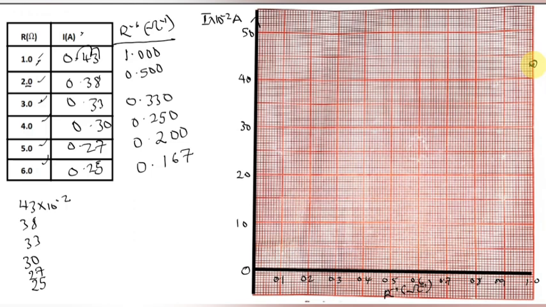Okay? Now let's go to 38 for 0.5. So this is 0.5 here. So I'll go to 38. This is 30 here. So this is 0.5, I'll go to 30, and we'll go to 38. Two of them.